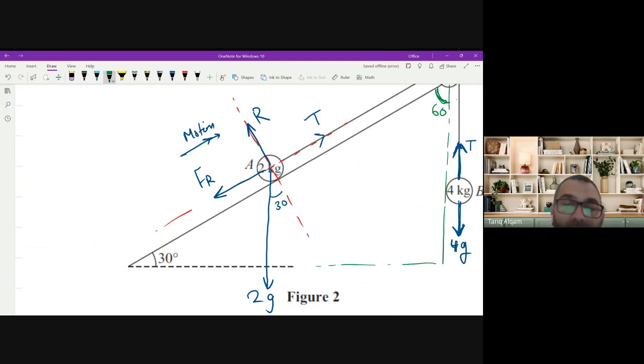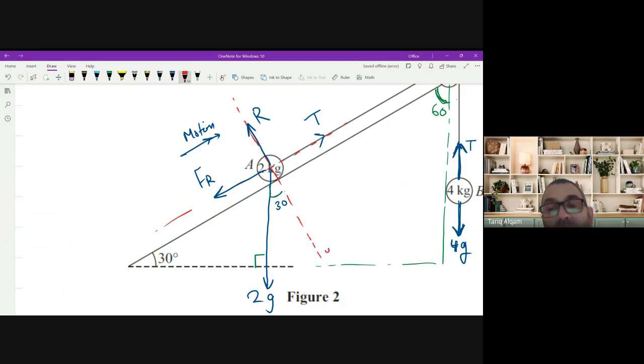If you would like to know why, let's consider this triangle. Look at this triangle. This is 90. This is 60. If this angle is 60, then this angle is 30, because it's the complement of 60. So always, guys, if the angle of inclination is 30, consider it with the y-axis.